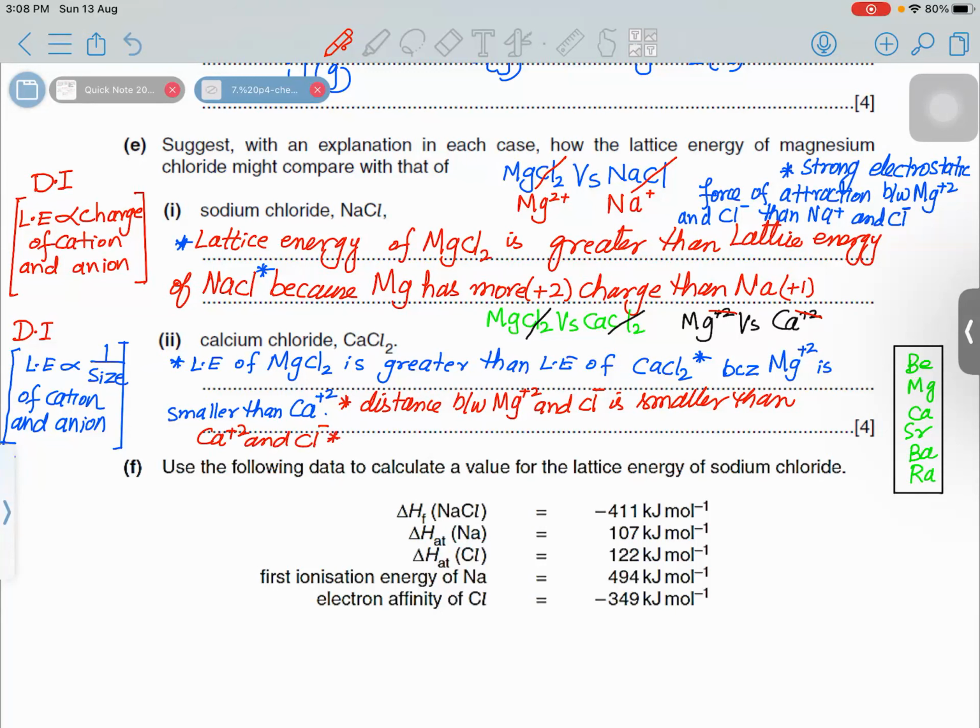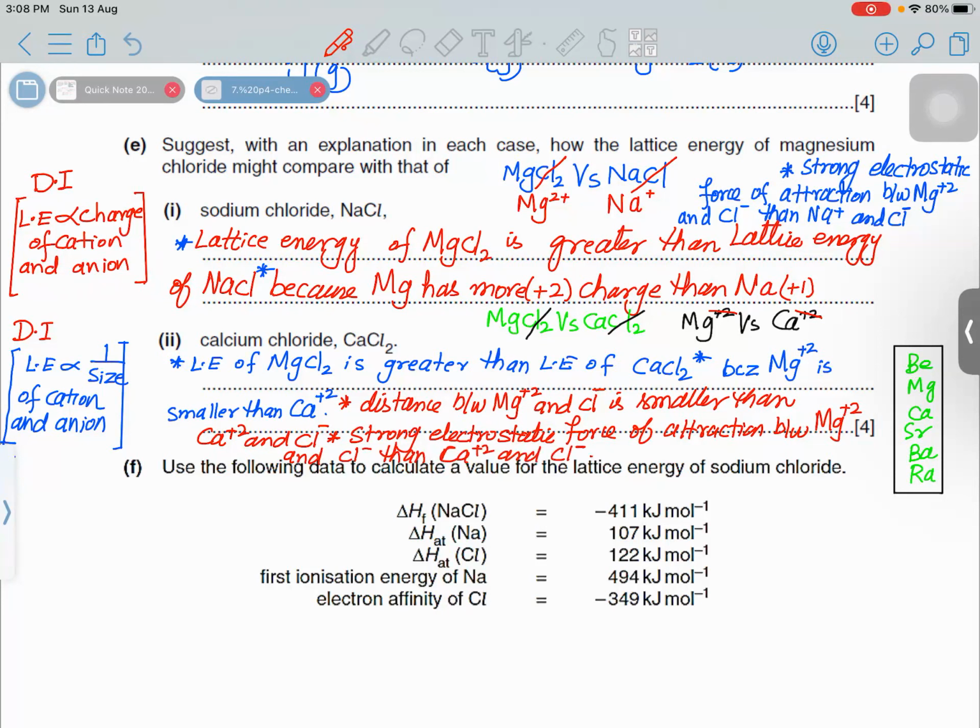Last point, strong electrostatic force of attraction between magnesium plus 2 and Cl minus, then Ca plus 2 and Cl minus.